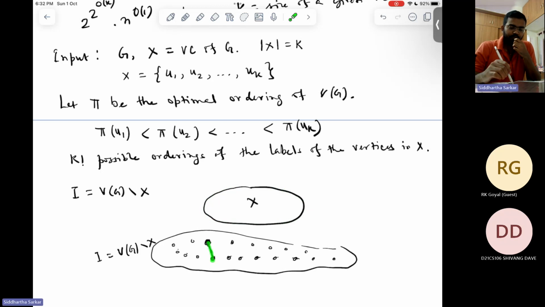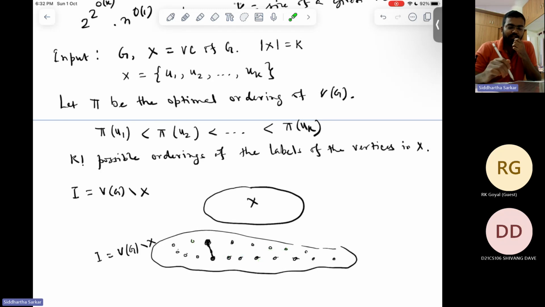If an edge between two vertices lying in I exists, then how can X be a vertex cover? If X is a vertex cover, then for every edge, at least one of the endpoints should be in X, isn't it? Yes. So such an edge between any two vertices of I cannot exist.